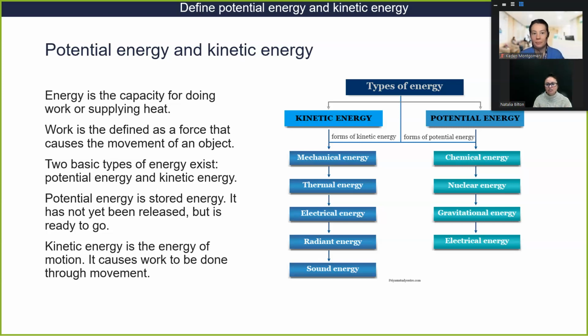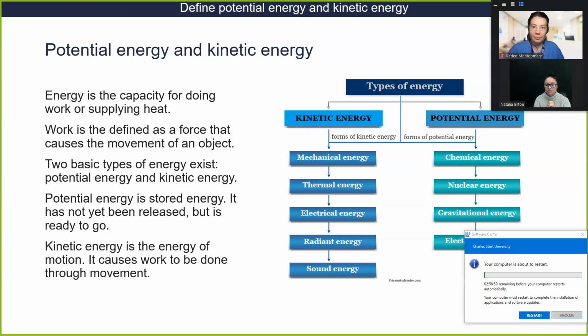There are two types of energy: kinetic energy and potential energy. Kinetic energy is energy that is work, so it's moving things around, or creating heat.